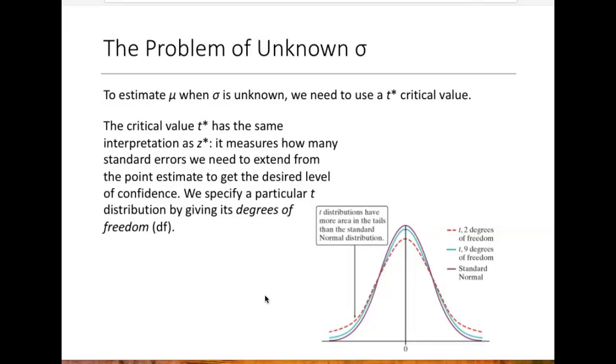And there are infinitely many different T distributions. And so we specify the T distribution by what's called degrees of freedom. You don't really need to know much about these other than how to calculate it, and it's a very simple calculation that you won't have a problem with.